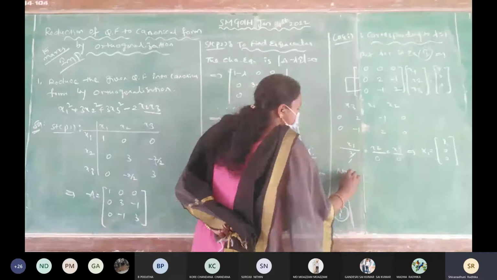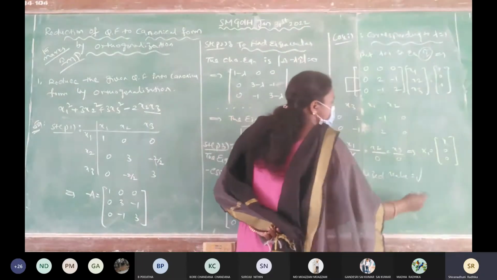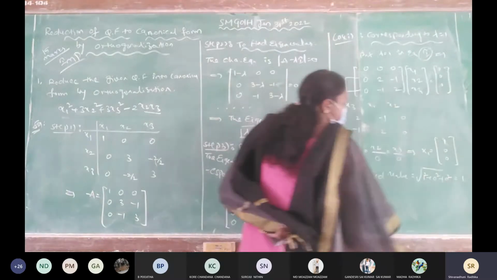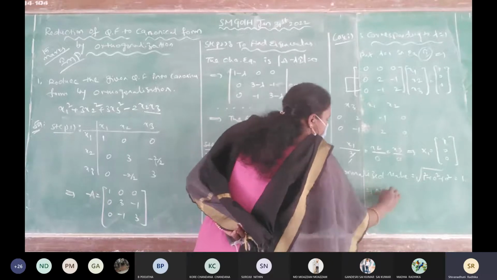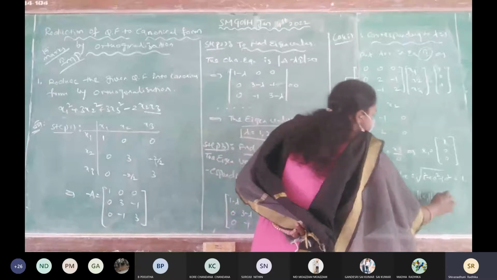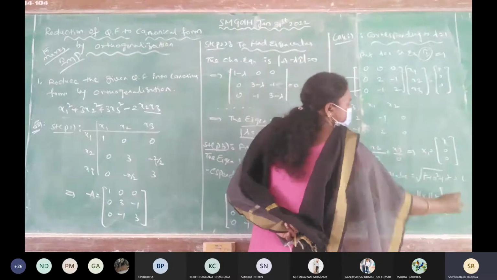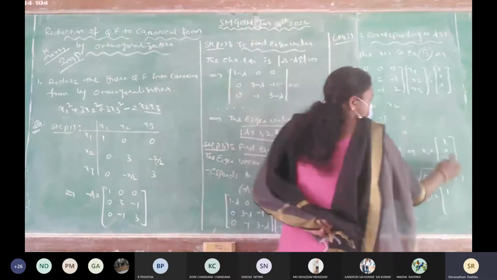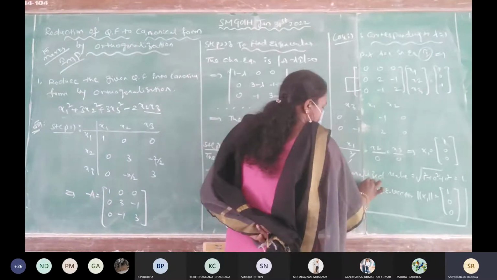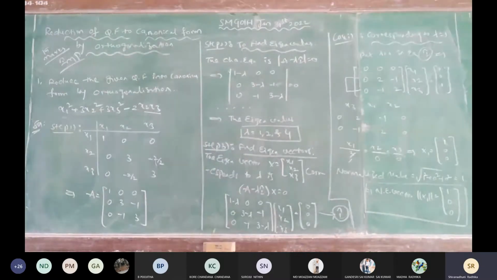The norm is the square root of 1 square plus 0 square plus 0 square, which equals 1. So the normalized eigenvector is each value divided by 1: 1 by 1 is 1, 0 by 1 is 0, 0 by 1 is 0. So the first normalized eigenvector is 1, 0, 0. Are you clear?